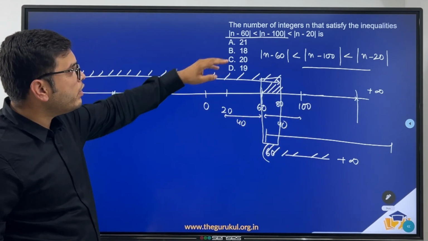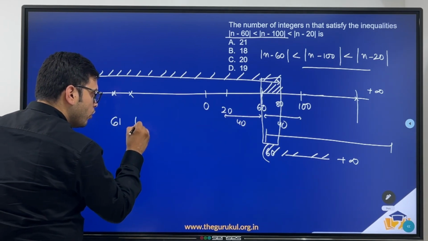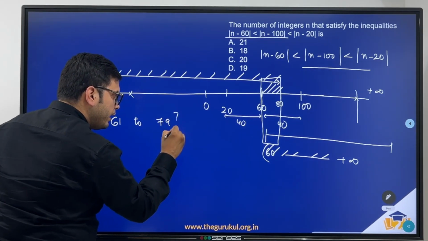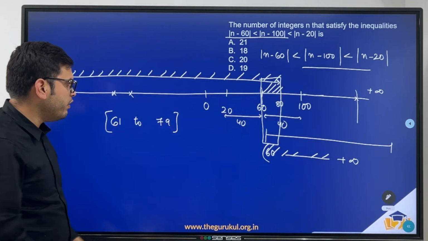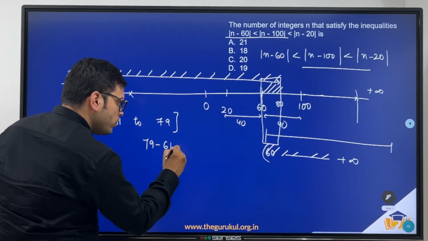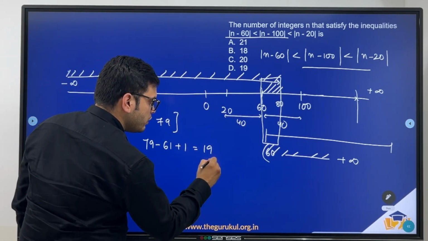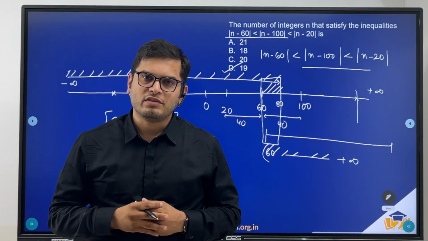So we should be considering the integers from 61 to 79 including both. So how many integers are there from 61 to 79? 79 minus 61, and since we are including both, plus 1. So the answer for this question should be 19. Hence option D should be the answer to this question.